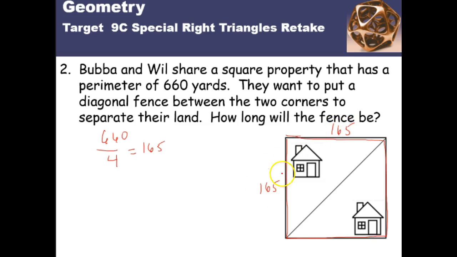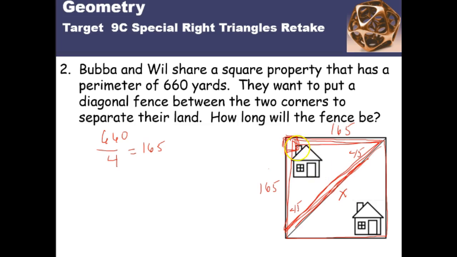So I think about a square, and I know a square has a right angle. And so this triangle right here is a right triangle because it has a right angle, and it's got 2 equal sides, which makes this a 45, 45, 90. And it wants to know how long this fence is right here.